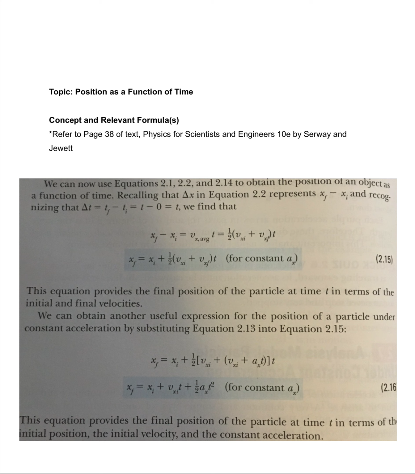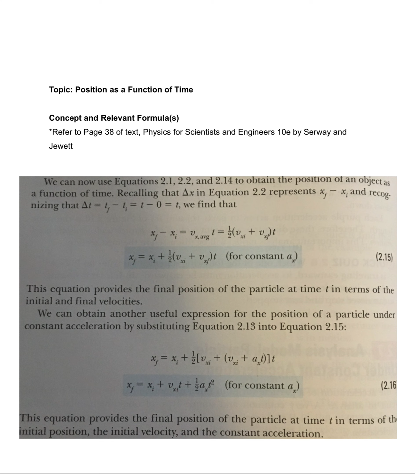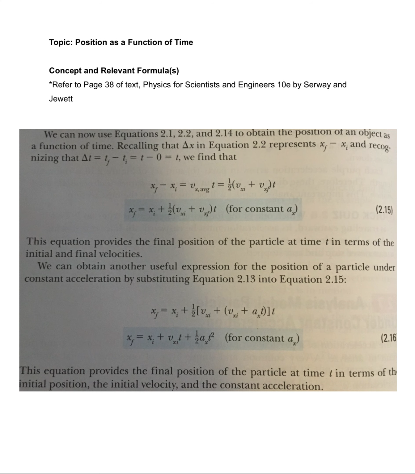The concept and relevant formulas are shown on page 38 of the text Physics for Scientists and Engineers, 10th edition, by Serway and Jewett. As you can see, these formulas here can find the final position as a function of time.